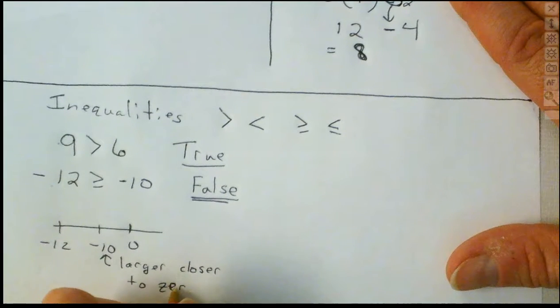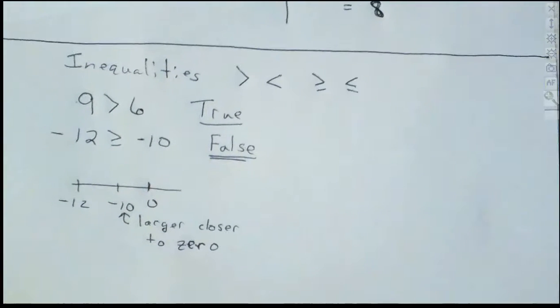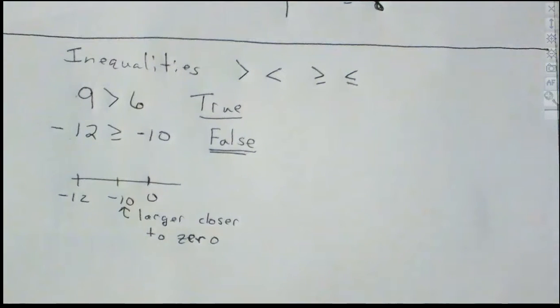So when we look at negatives, we want the one that's closer to 0. That's going to be your bigger number. So this would be a false statement.